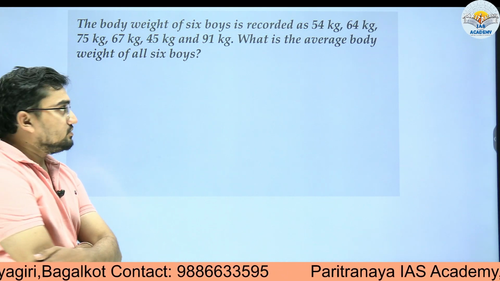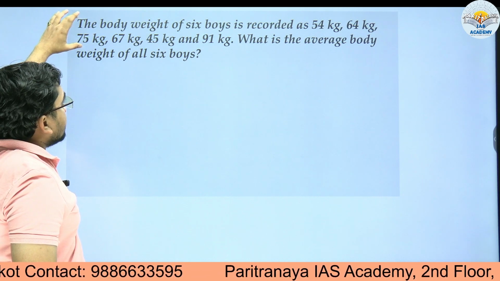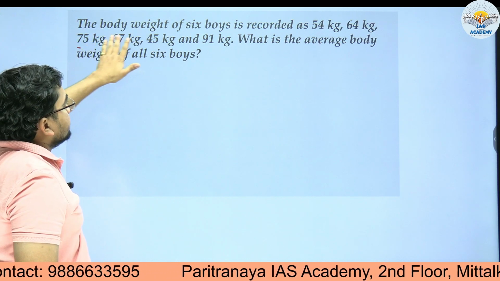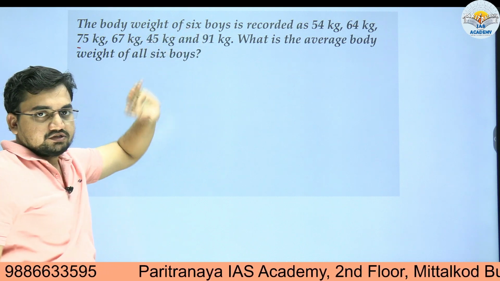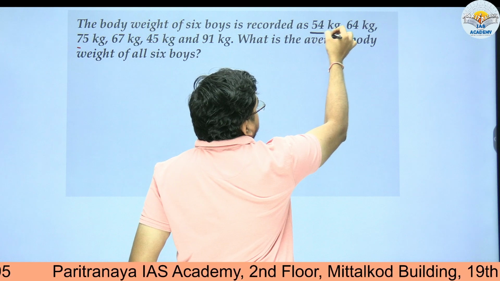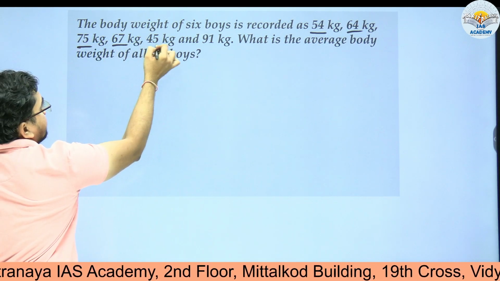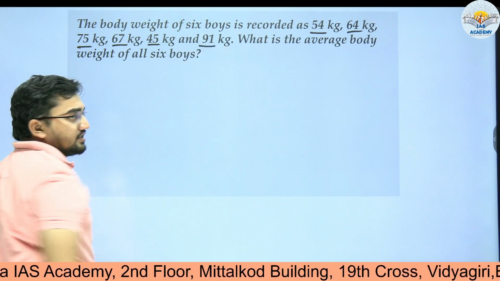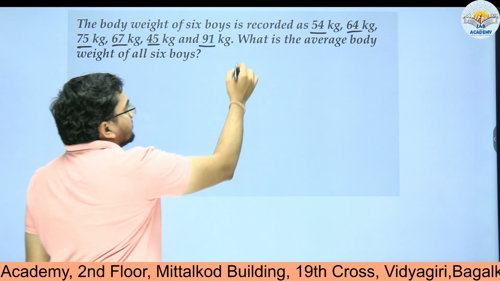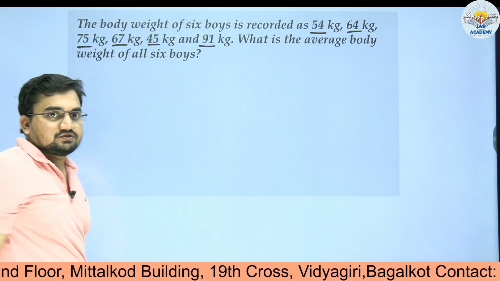Now you have to see the question. There are 2 parts to the question. In the first part they have given the data, the condition: they are trying to find the body weight of 6 boys, and they have taken observations of 54, 64, 75, 67, 45, and 91 kgs. Next, they ask what is the average body weight of all the 6 boys.